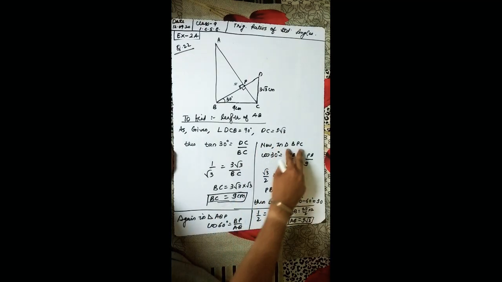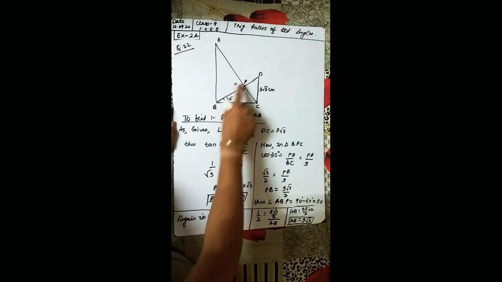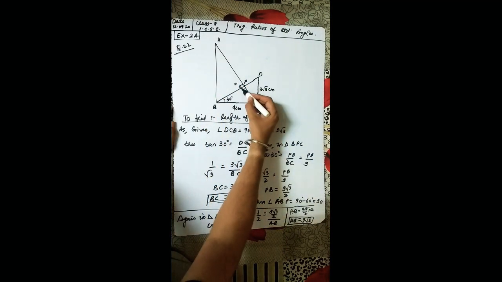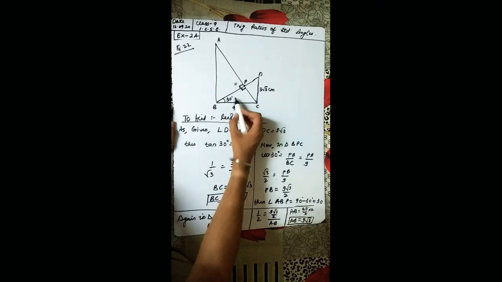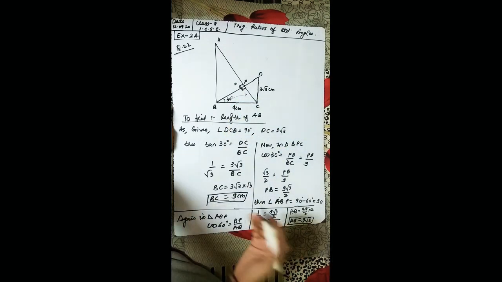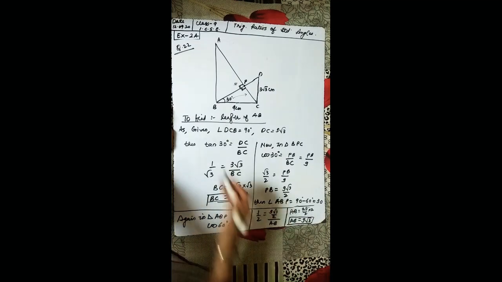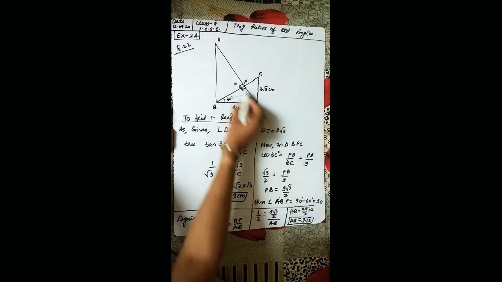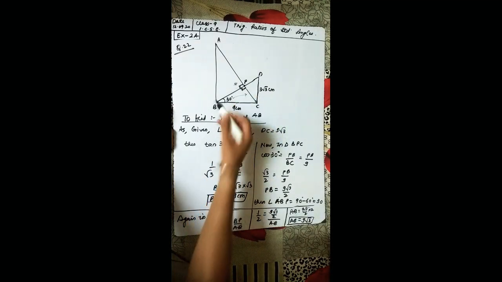Now in triangle BPC, you see BPC, this is a right angled triangle. Okay, and if this is the theta, that means in front of theta this will act as a perpendicular. As I tell you every time, in front of theta you always have the perpendicular, and this is the base.